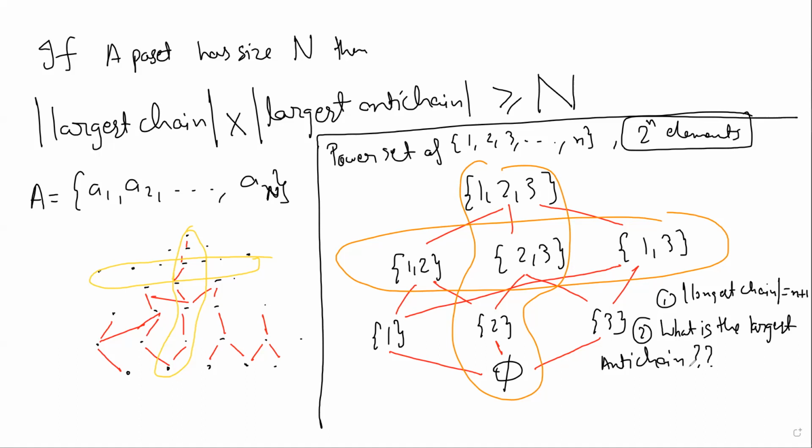In that subset that you give, for example, here is one example. Only these 3, right? None of them are contained in the other. So 3 is the answer here. But in general, for n, what should be the answer? Think. This is a good question. It is not hard.